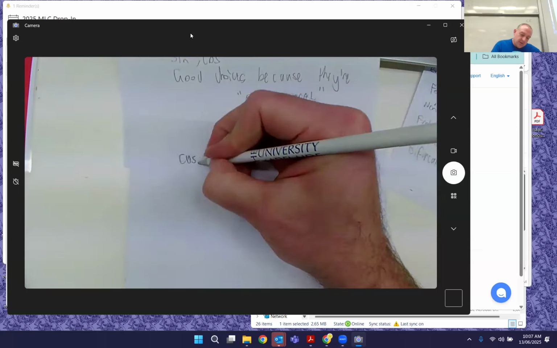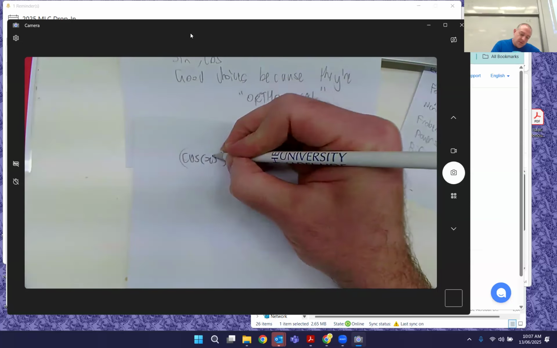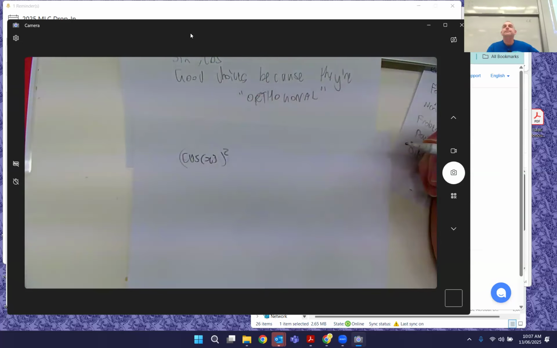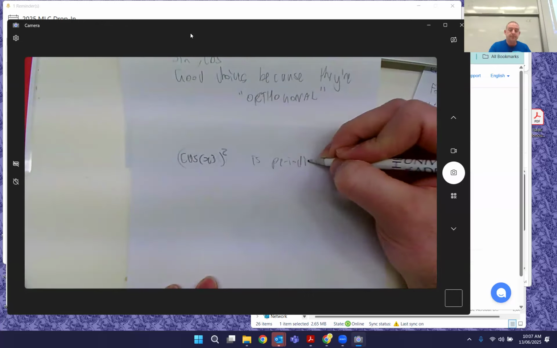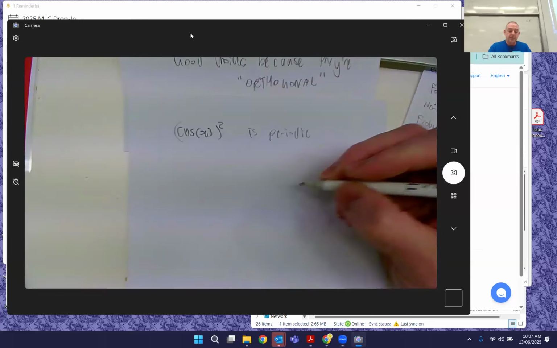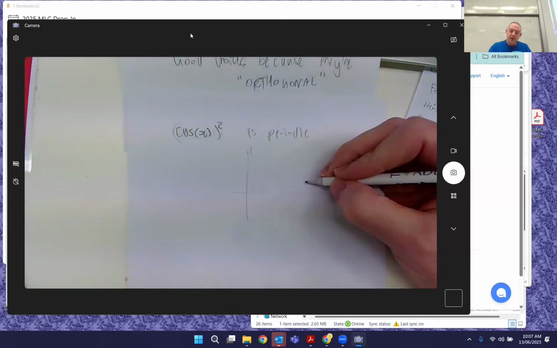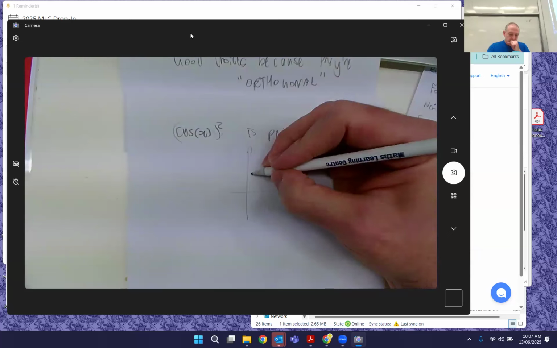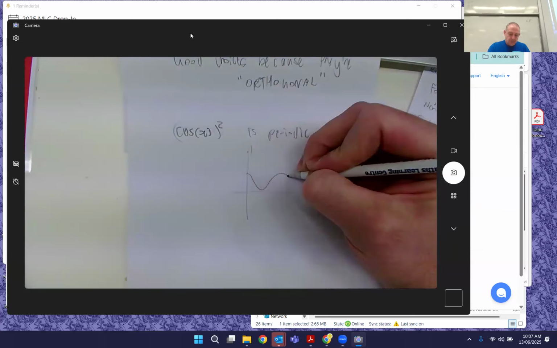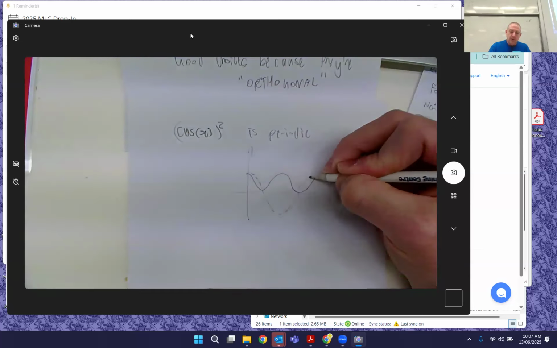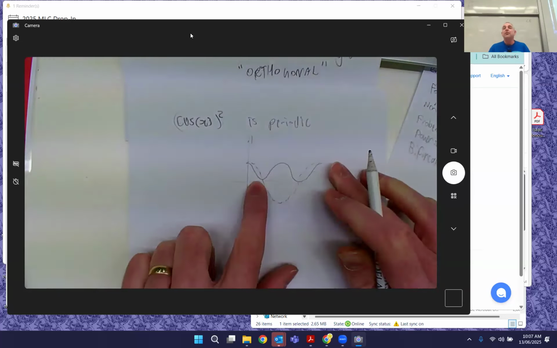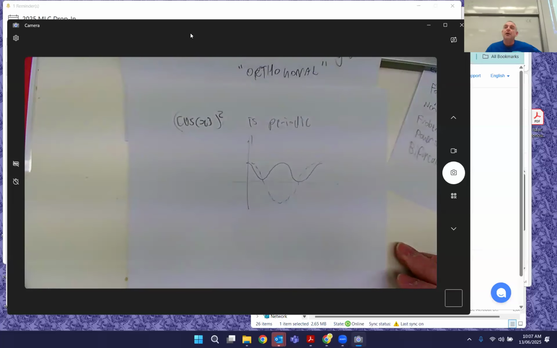So cos x squared is a perfectly good periodic function. It looks like this. So cos looks like that. So cos squared, that's where cos is. And cos squared looks like that. It's a perfectly good periodic function.